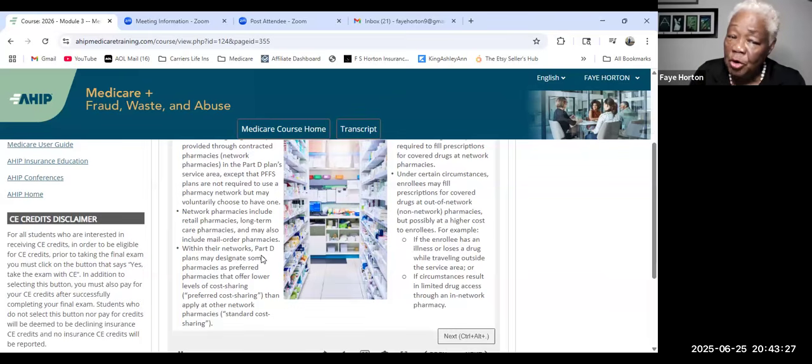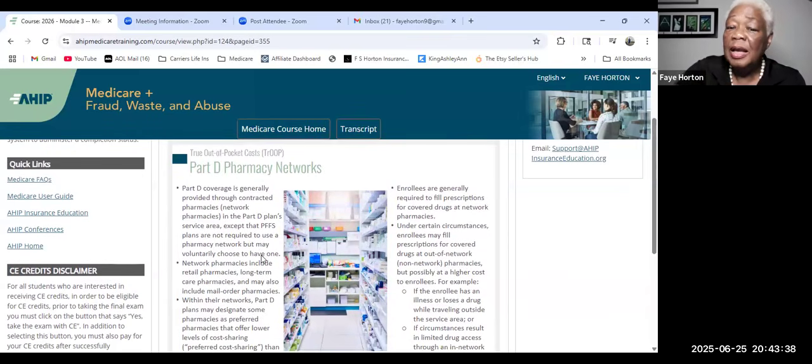So there would be a preferred cost sharing for the member at the preferred pharmacy and a standard cost sharing at other network pharmacies. Enrollees are generally required to fill prescriptions for covered drugs at network pharmacies.